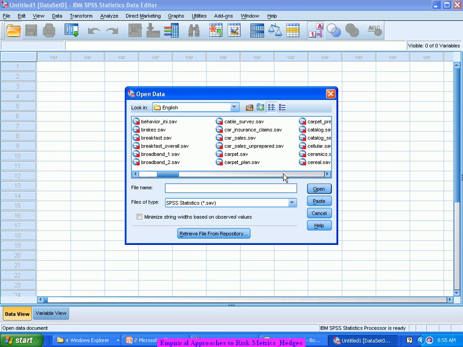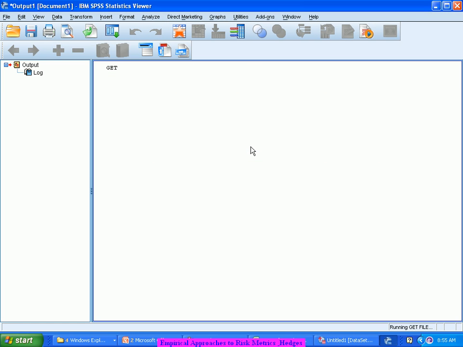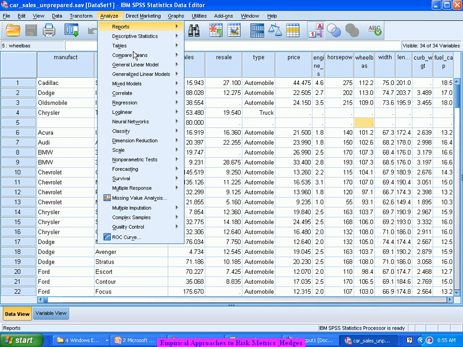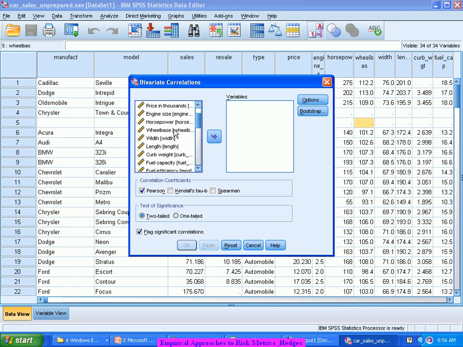See, typically what happens is, let's say I take some simple data, and I want to find out the correlations between all these various independent variables.